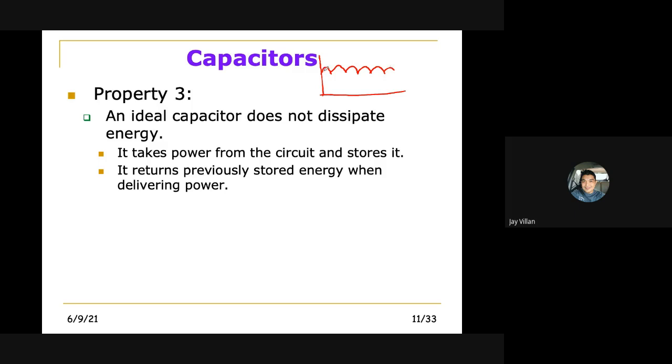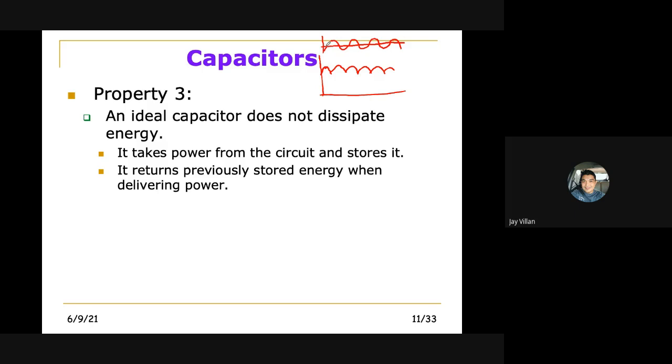In the positive half cycle, it will charge, and when your value starts to decrease, you have that as your AC signal. This is your x-axis, the positive half cycle and the negative half cycle of your signal.